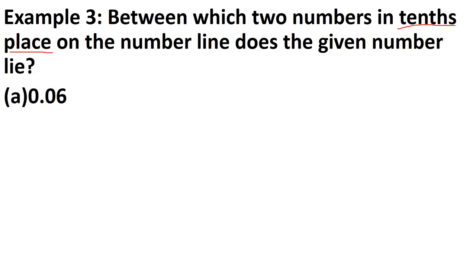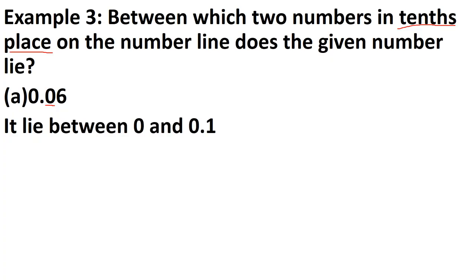See, first is 0.06. Now what is the digit on the 10th place here? It is 0. So it lies between 0 and 0.1. This is the number on the 10th place, so it lies between this number and the next to it, 0 and 0.1.